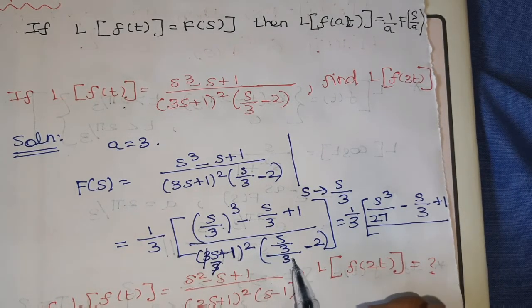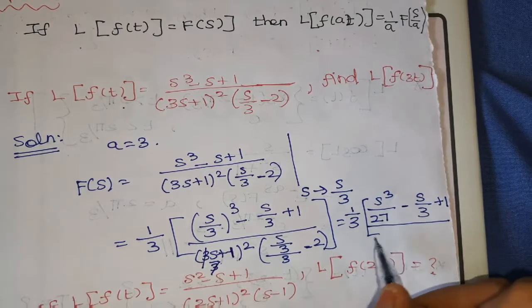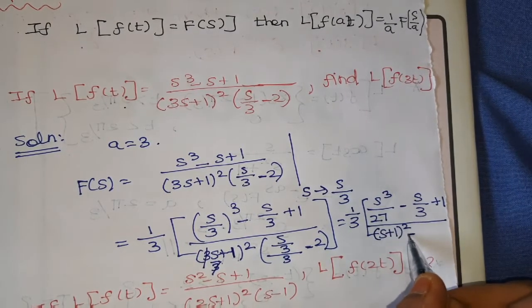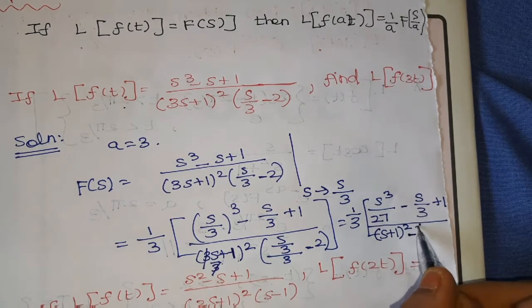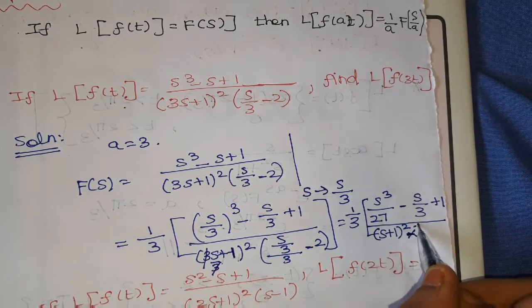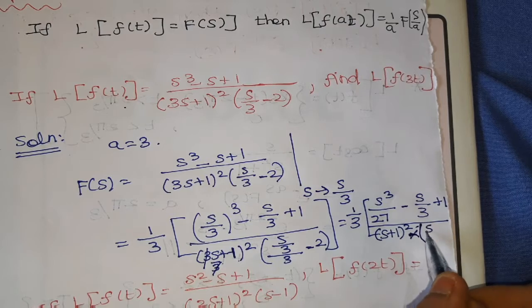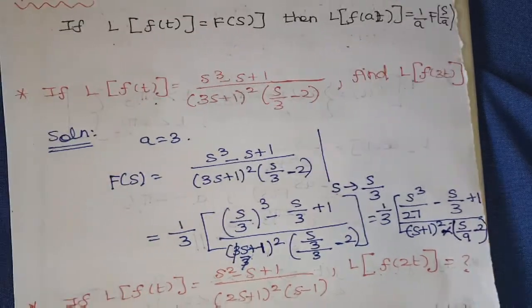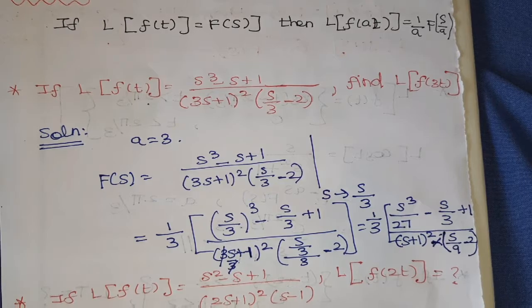So 3 times 3 gives s by 9. Here (s + 1)² multiplied by s/9 − 2 here. We'll solve further.